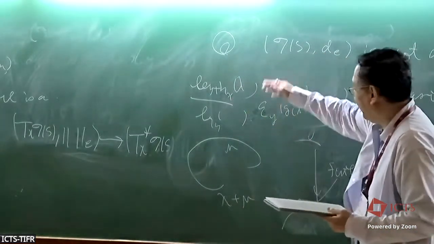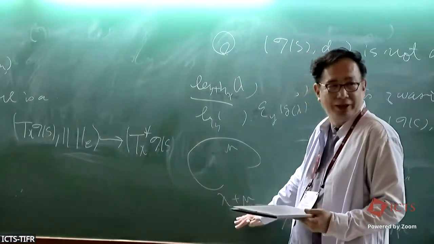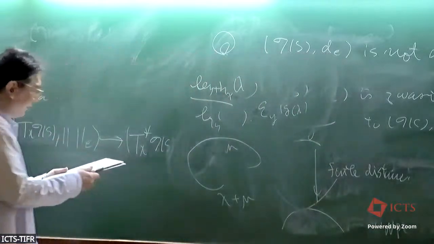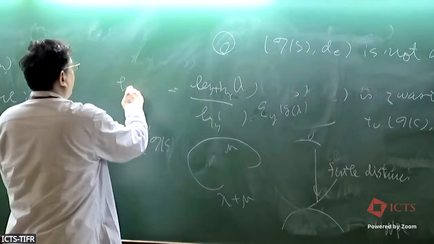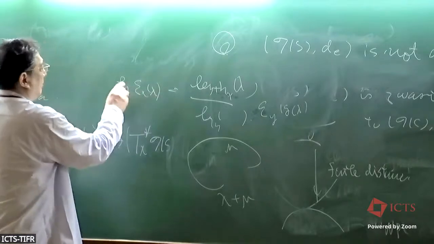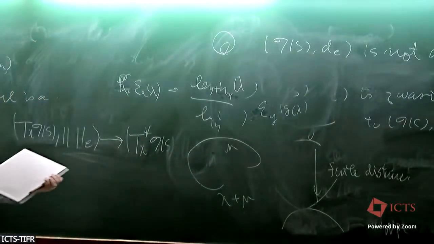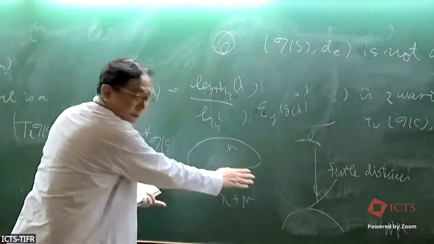Because they are disjoint, the sum of this one and that one should be equal to that, because this is the image of the earthquake by f. So the sum of this should be the same expression for that.